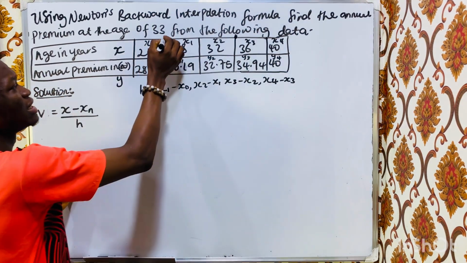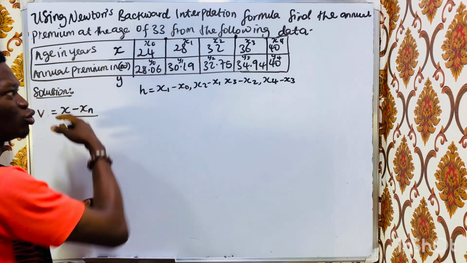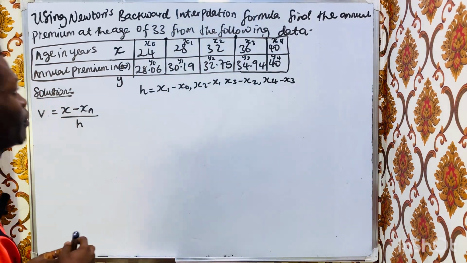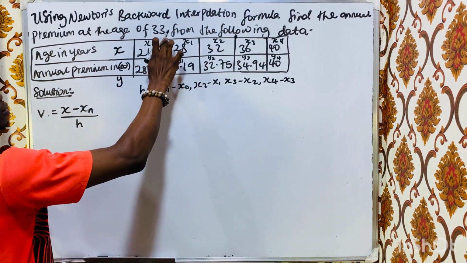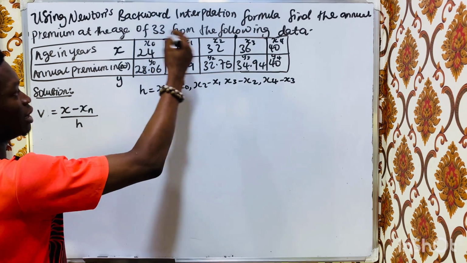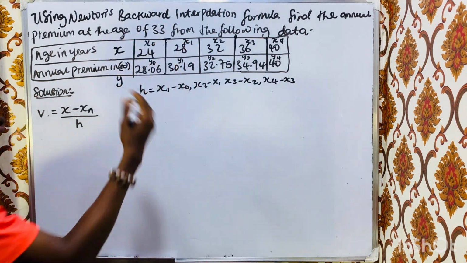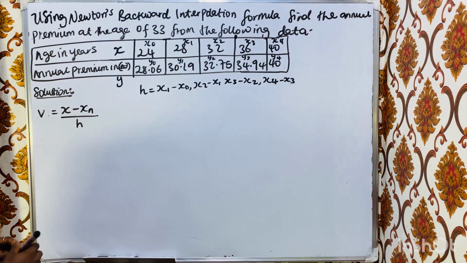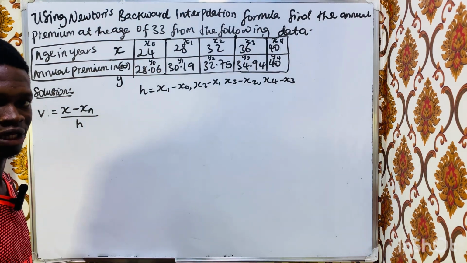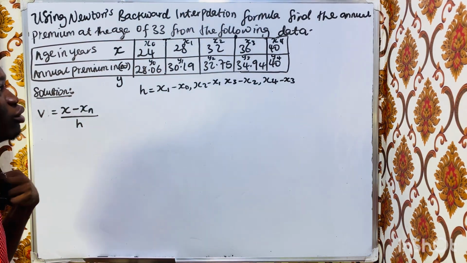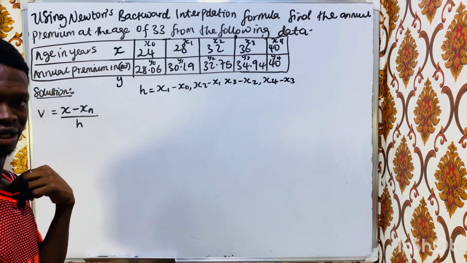But if it lay in the front, we would use Newton forward interpolation. Here it lies at the back, and they even told us to use backward interpolation. So if you are given a question and you don't know which to use, use what I have just said.